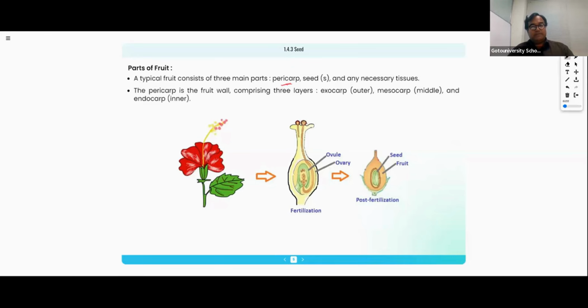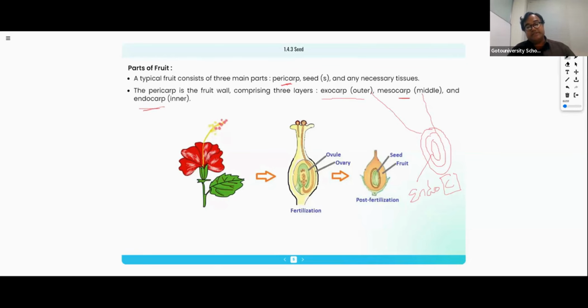So we know very well in the fruit, the exocarp is outermost and the middle one is mesocarp and the innermost is nothing but the endocarp. Endocarp, mesocarp, exocarp. Like these three layers are present. So we need to understand basically the exocarp is nothing but the fruit outer cover. Mesocarp is nothing but the middle, and endocarp is the innermost one, right?